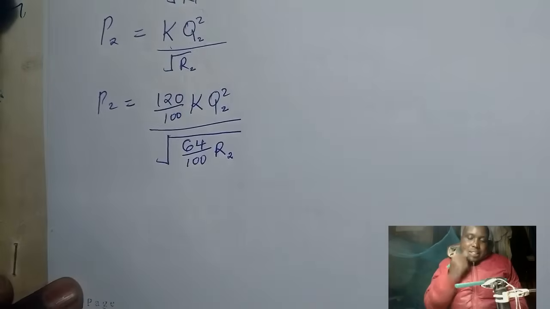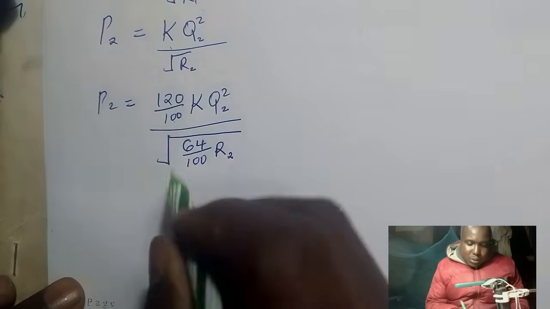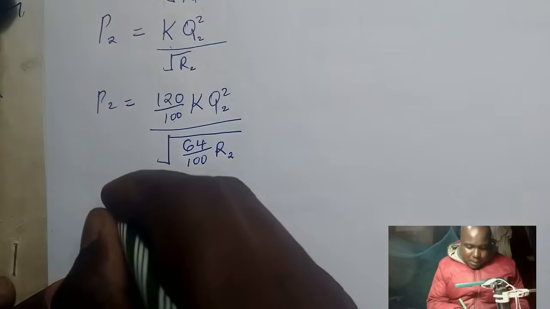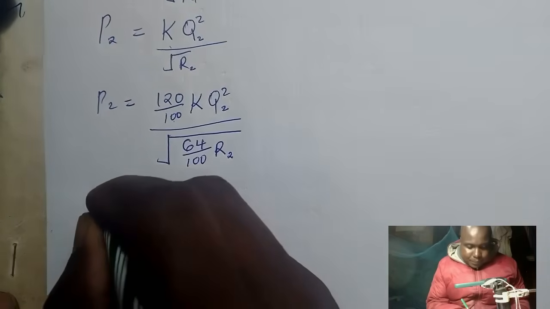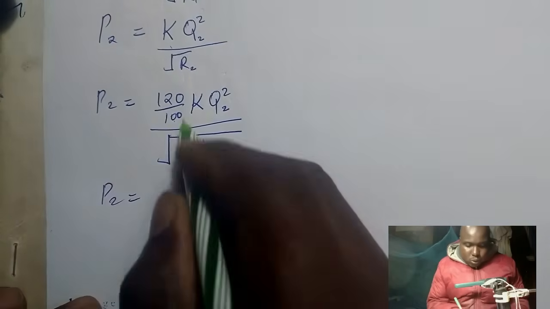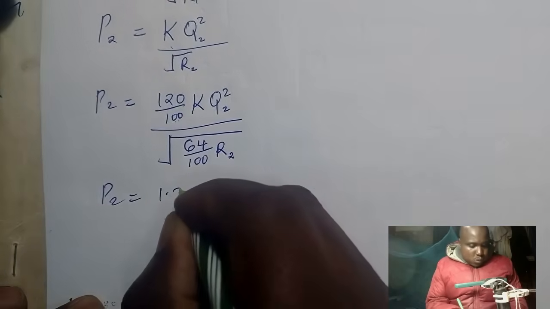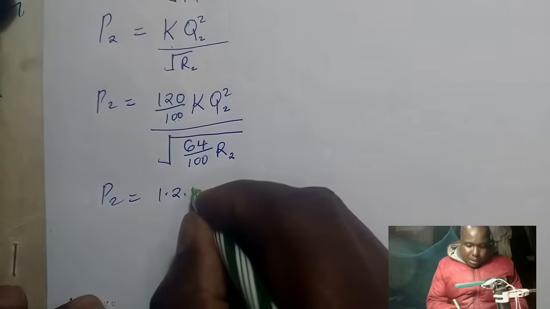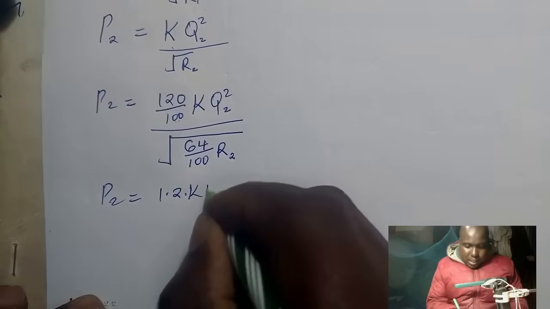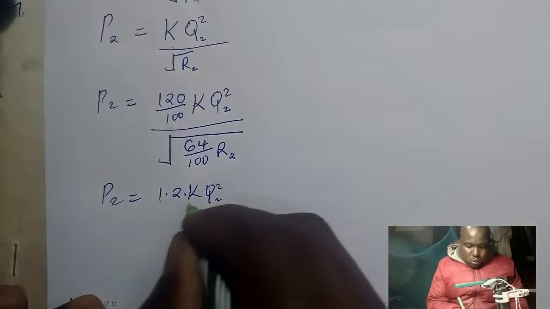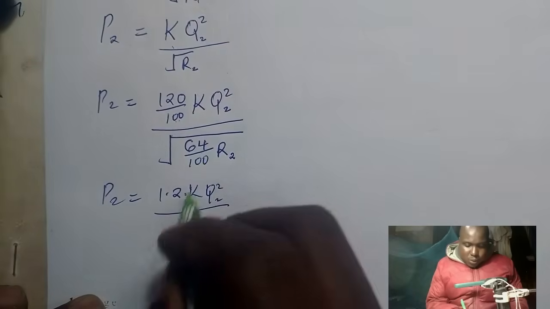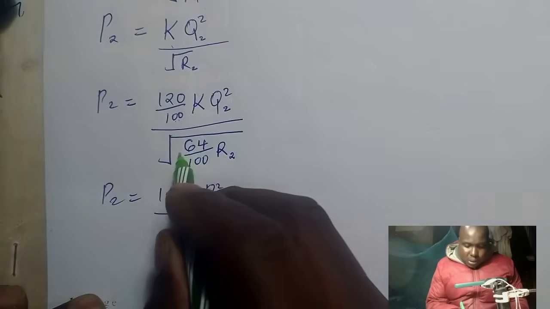So next, let's make this divided by this, so we are going to have P2 is equal to 1.2 times k Q2 squared over the square root of this, which is 0.64.